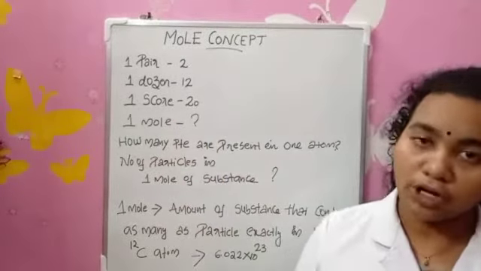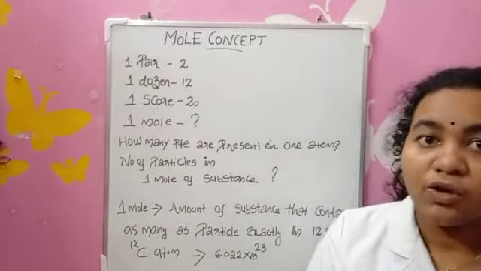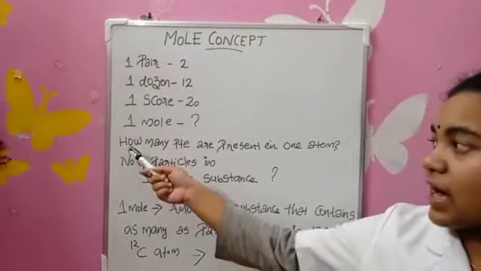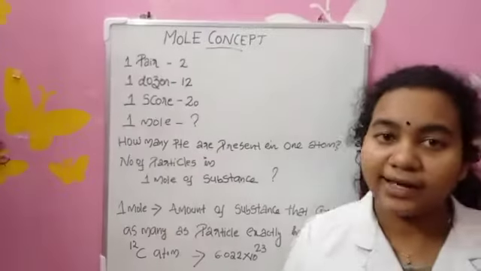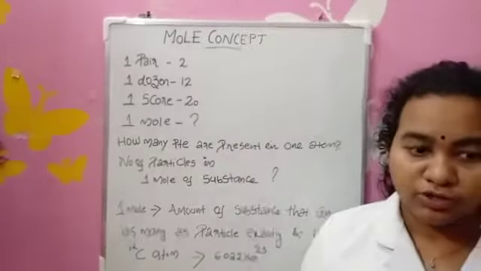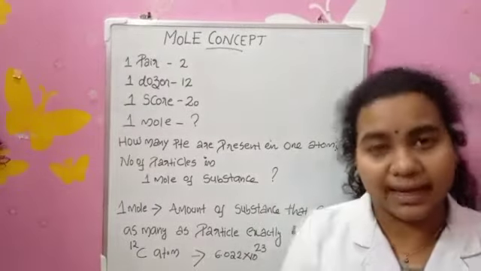Similarly, 1 mole is a term to define a number. What number? How many particles are present in one atom. This is known as 1 mole. So if you are taking an atom, how many particles are there in it?